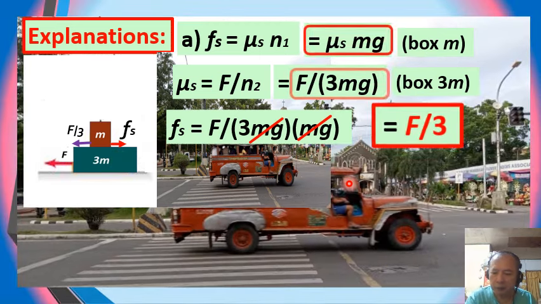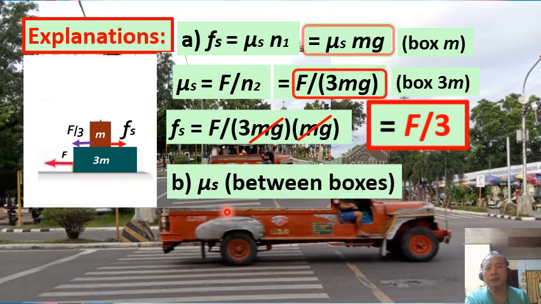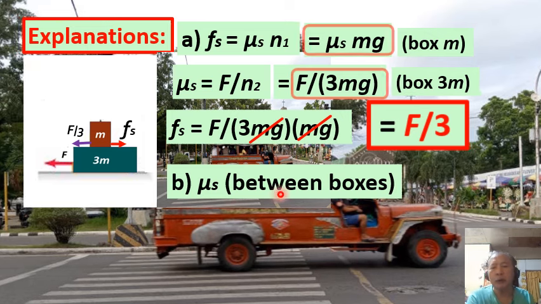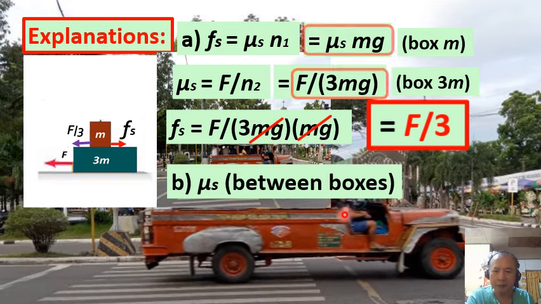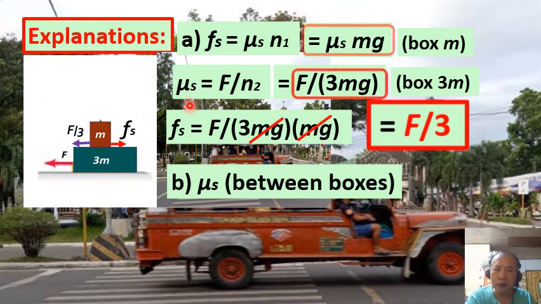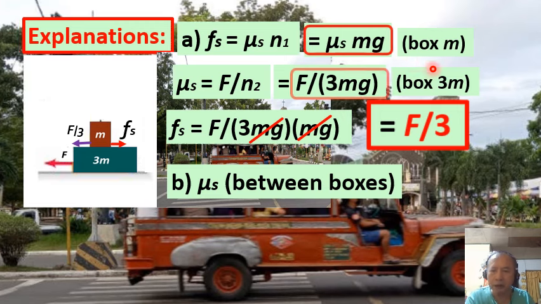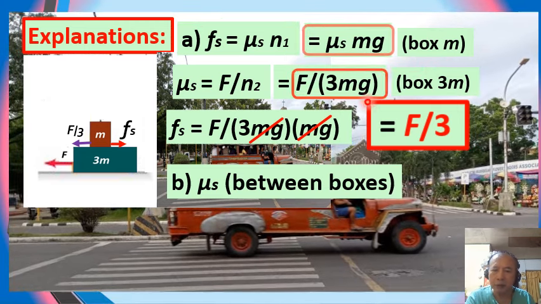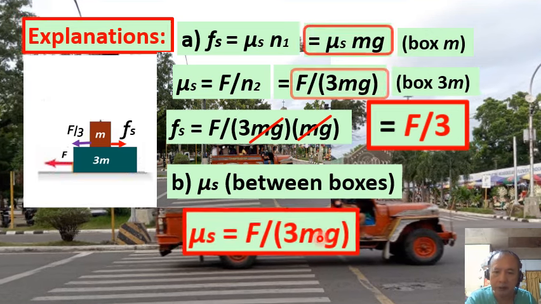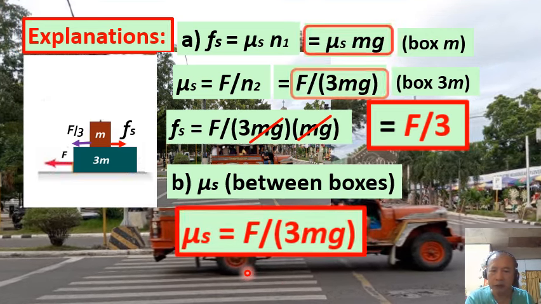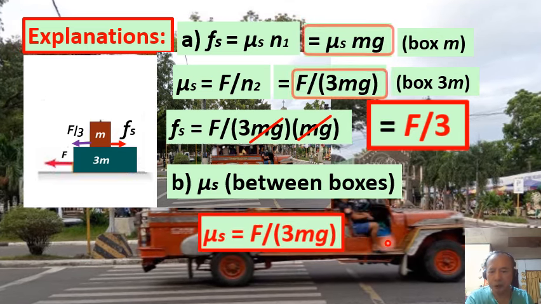And moving on to question letter B, which is asking for the coefficient of static friction between the two boxes. Since the same coefficient of static friction exists on box M as well as on box 3M, our answer to question letter B is just mu S equals force capital F divided by 3mg.